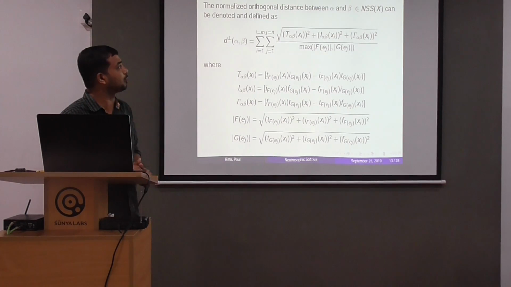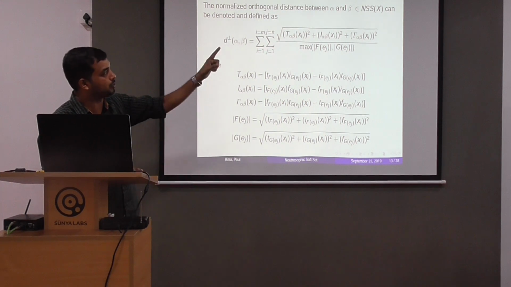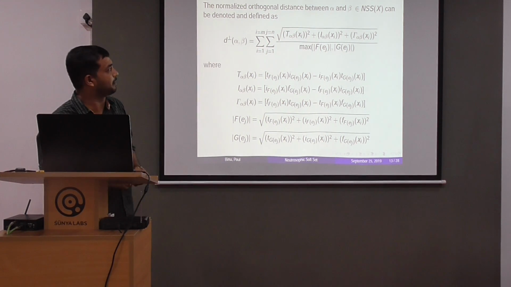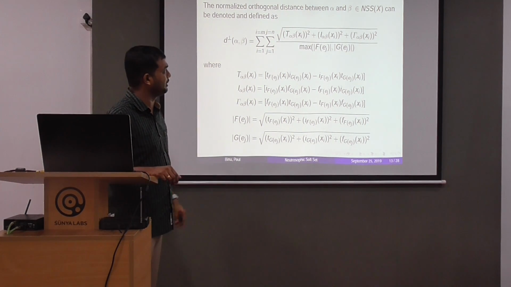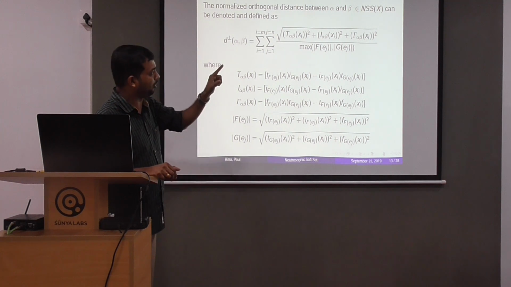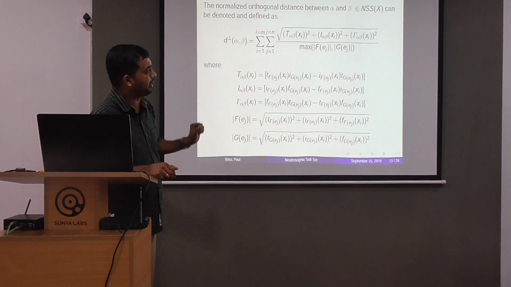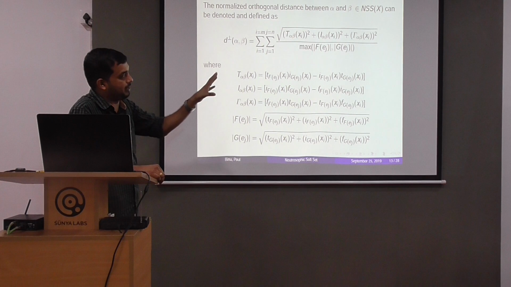Next, the normalized orthogonal distance between alpha and beta belonging to the Neutrosophic soft subset of X can be denoted as d perp of alpha beta, equal to the summation over i from 1 to m, j from 1 to m, of the square root of t alpha beta the whole squared plus I alpha beta the whole squared plus gamma alpha beta the whole squared, divided by the maximum of this.